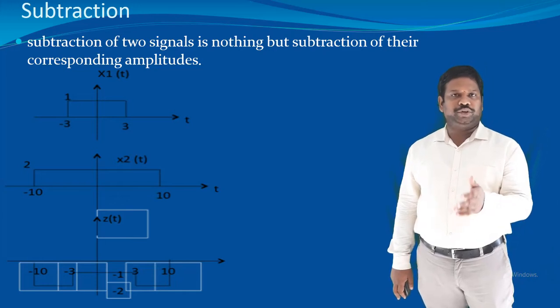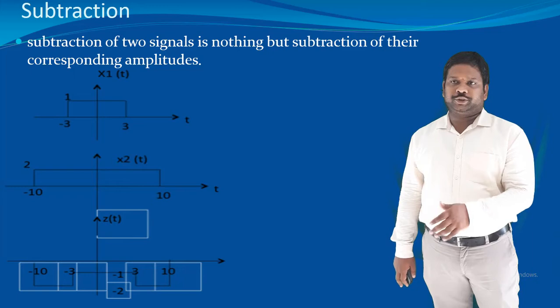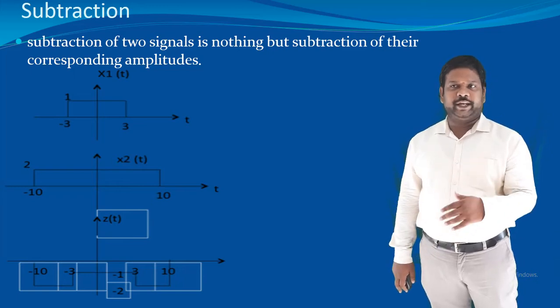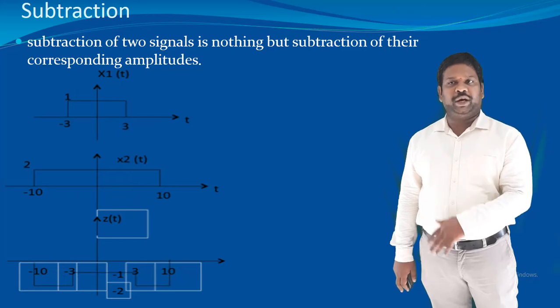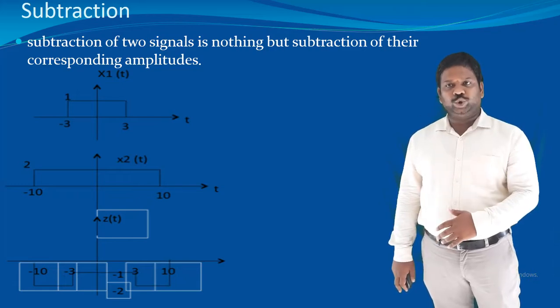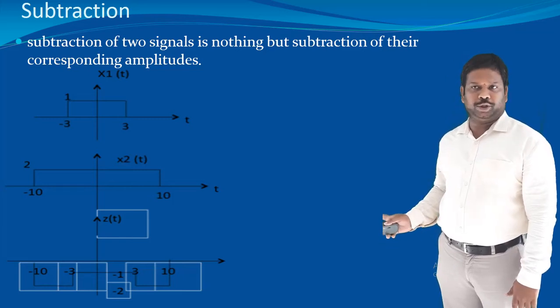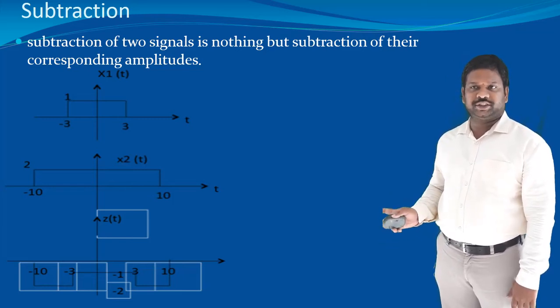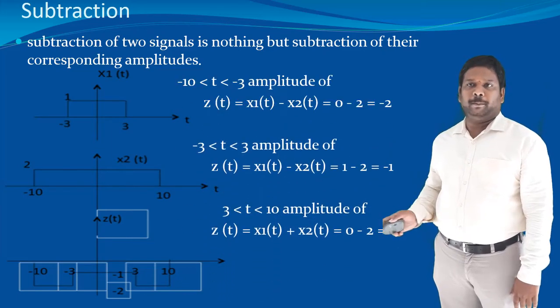The x1 of t amplitude in the first case is 0 minus 2, therefore we will get -2. In the second case, 1 minus 2 is -1, and 0 minus 2 is -2. Therefore, the 3 amplitudes that we have plotted here: from -10 to -3 the amplitude is -2, from -3 to +3 the amplitude is -1, and from 3 to 10 the amplitude is -2.